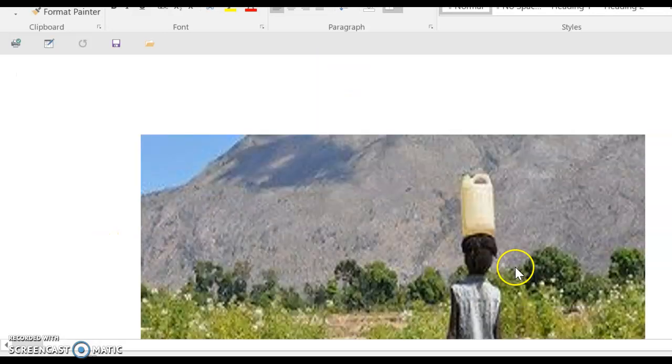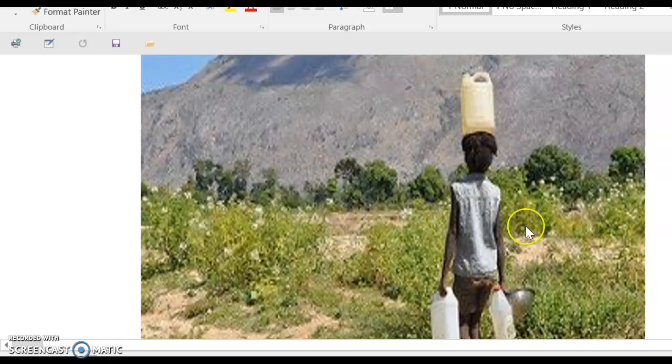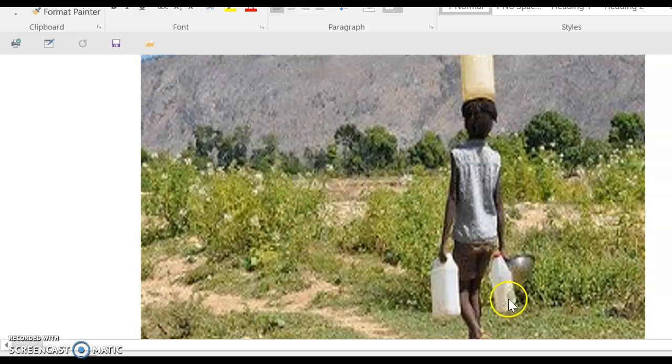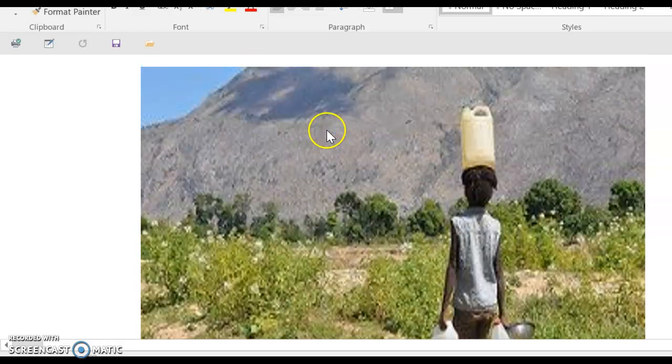So I wonder where her family are because she's by herself. I wonder why these bottles are empty, the bowl looks empty. And I wonder why she's walking towards this mountain that doesn't look like there's anything there.